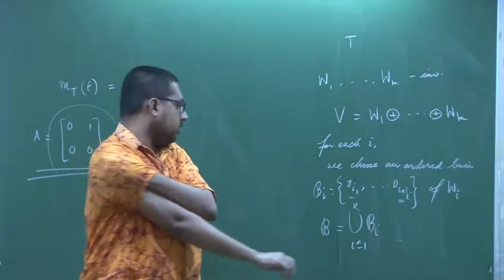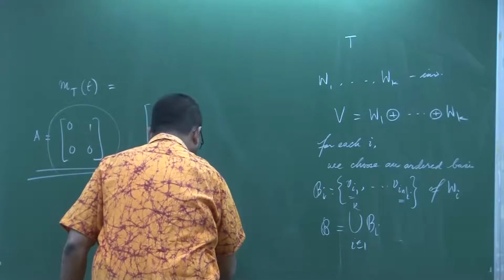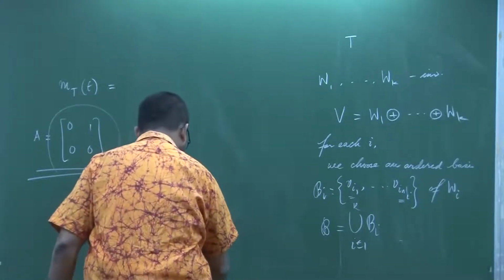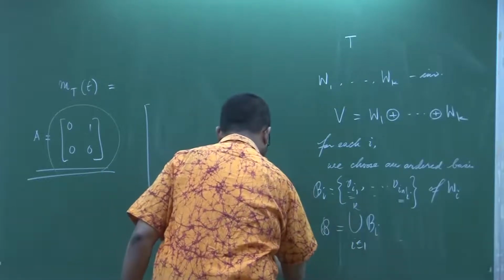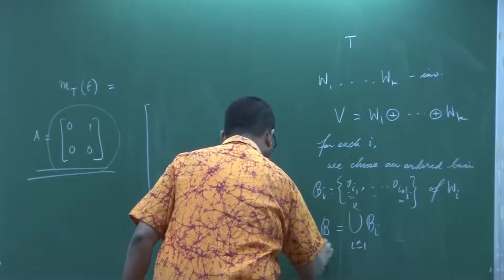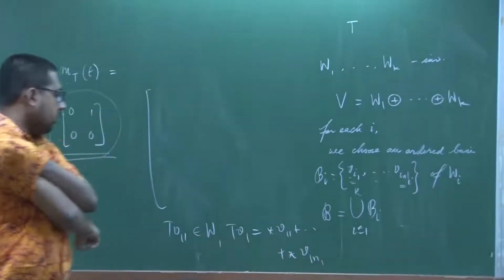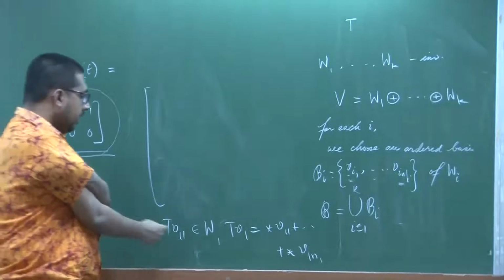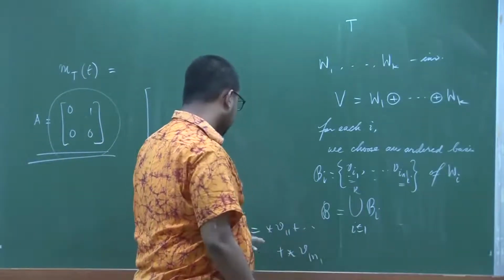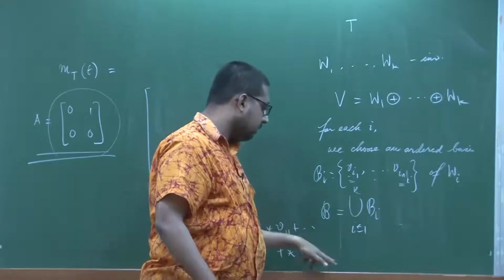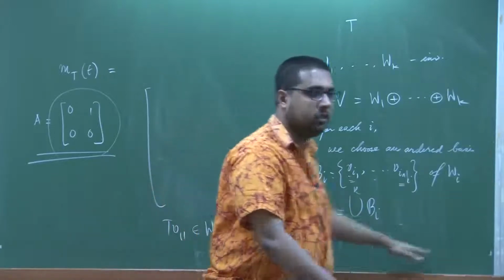T V11 lies inside W1, so it can be written as a linear combination of V11 up to V1N1. Writing T V11 as a linear combination of the ordered basis B is nothing but this, together with the other vectors from other Bi's with 0 coefficients.